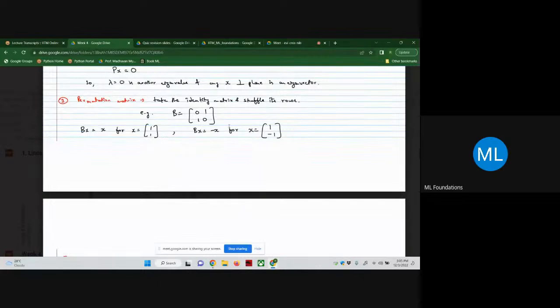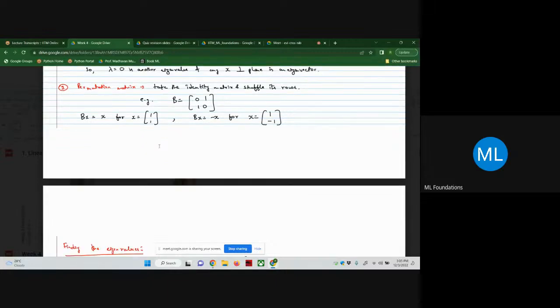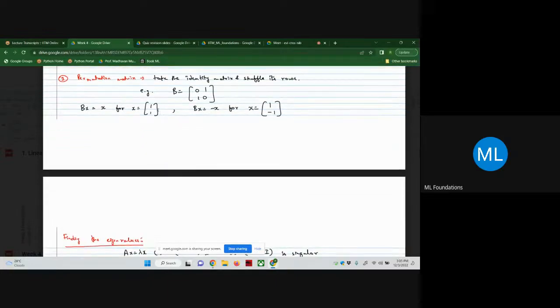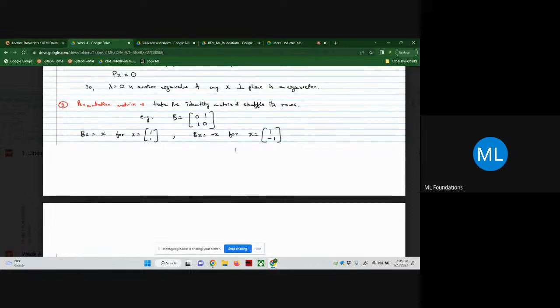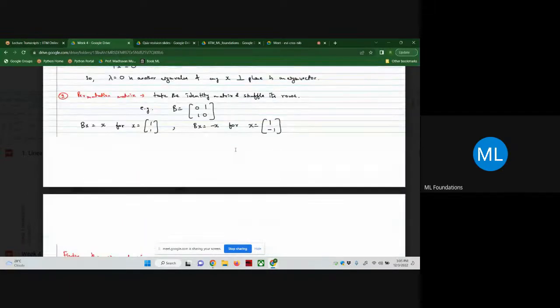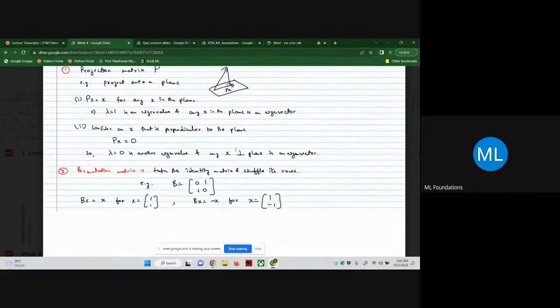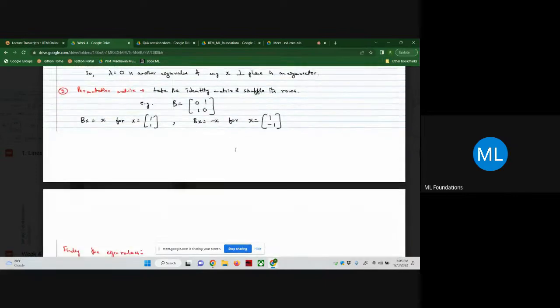So for this permutation matrix, which is a shuffling of the rows of the identity matrix, we'll be having this x as (1, 1). Then we'll be having Bx equals -x. The lambda value will be equal to -1. For the permutation matrix, the lambda value will be either 1 or minus 1.